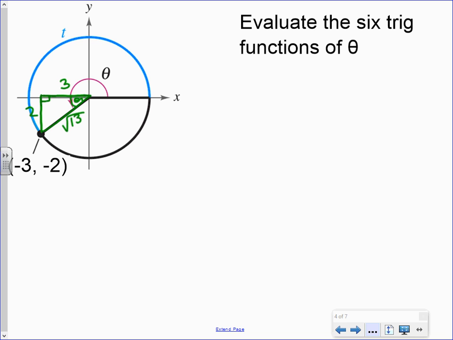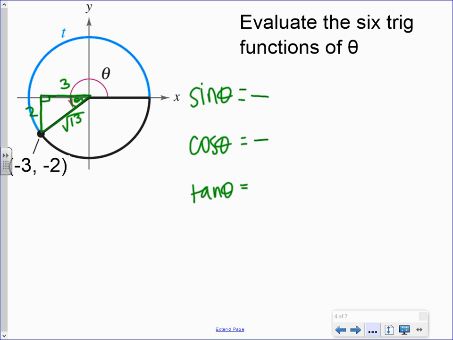So now we can set up our trig ratios, and I'm going to tell you we can do this one of two ways. You can either say, we are in the third quadrant, so I know that sine and cosine are negative. Tangent is positive.